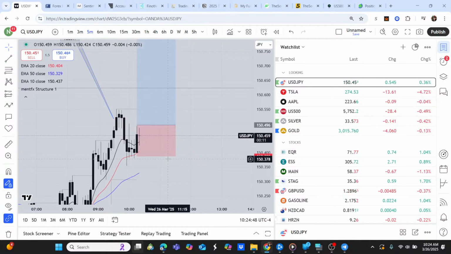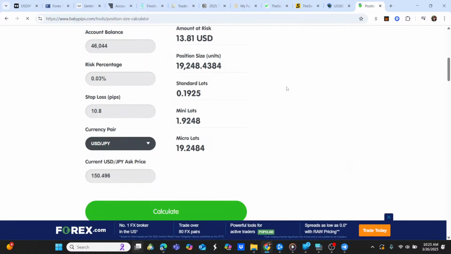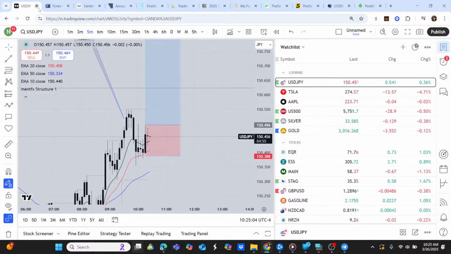Risk USD JPY. You know what? I forgot the risk again. Oh, 19. There we go. Yeah, 50.